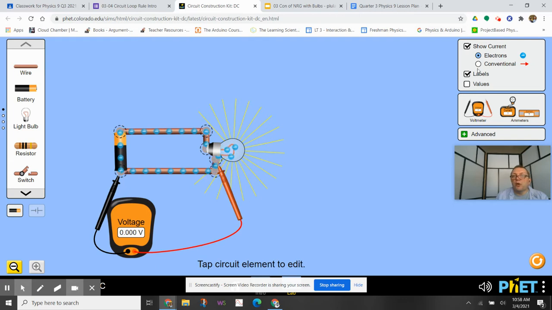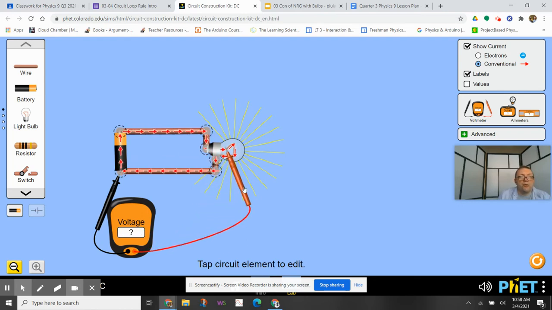So if we go with conventional current, we can follow the direction of flow in a more conventional manner. These charges have no electric potential. The voltage is zero. They go through the battery. The battery is like an elevator, pushes them to the top. Now they have 9 volts. This is just like walking down the hallway. This isn't changing any energy there.